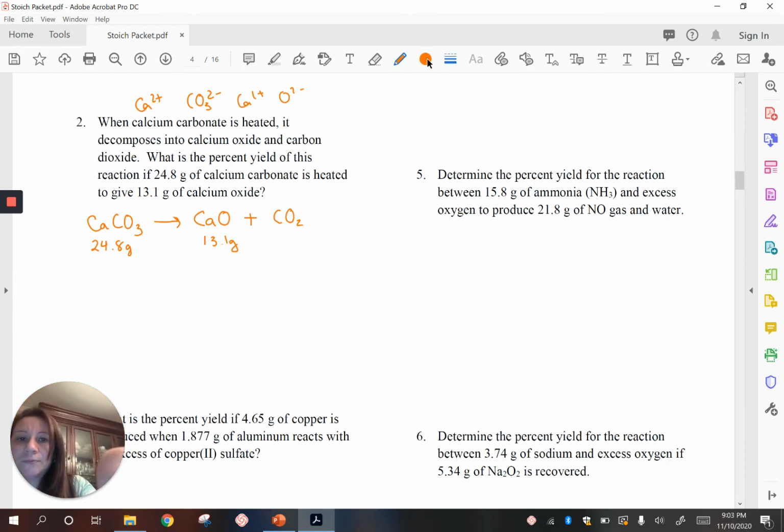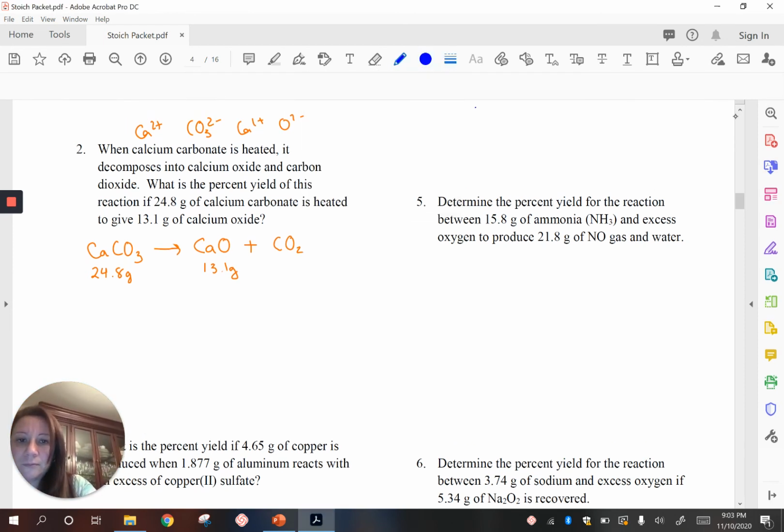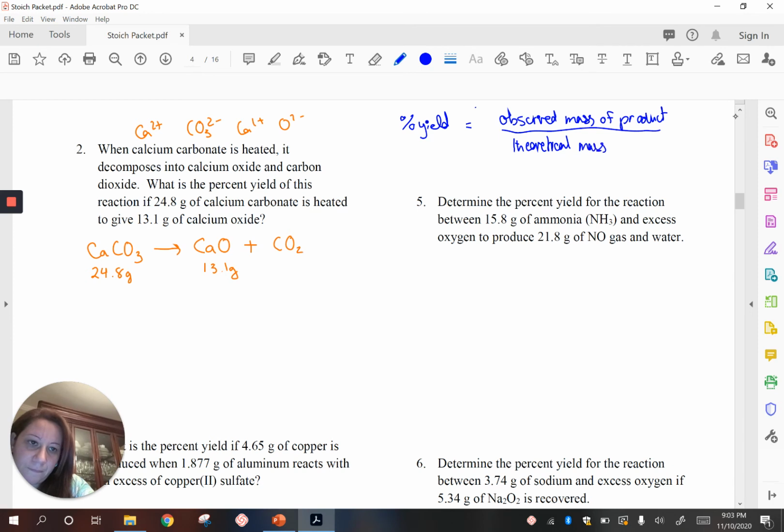Percent yield, the equation for it is the observed mass of product over the theoretical mass of product, and then times 100%. So what does that mean?